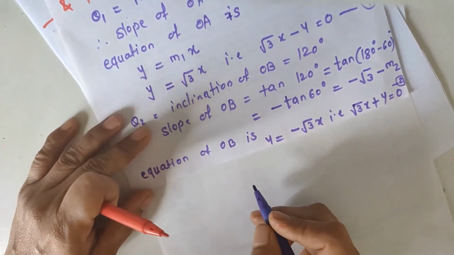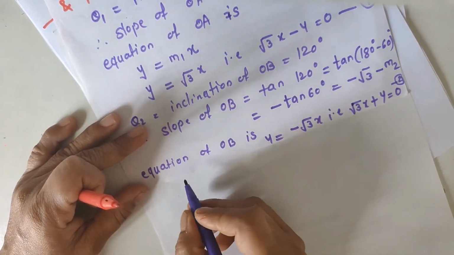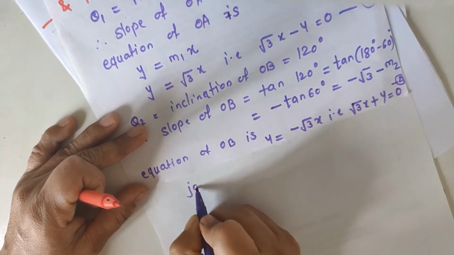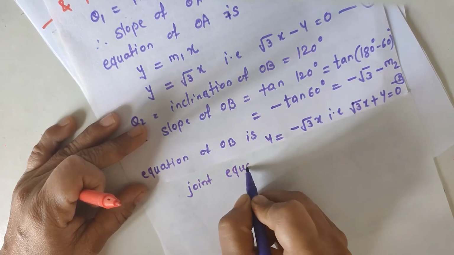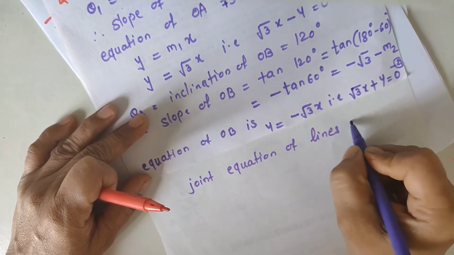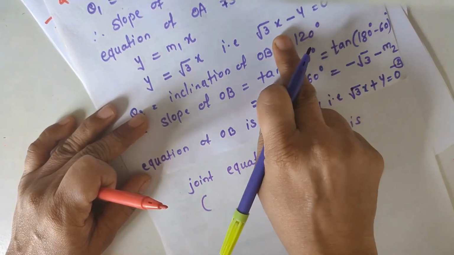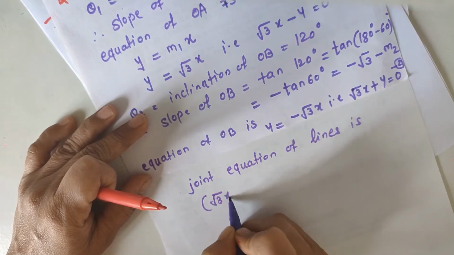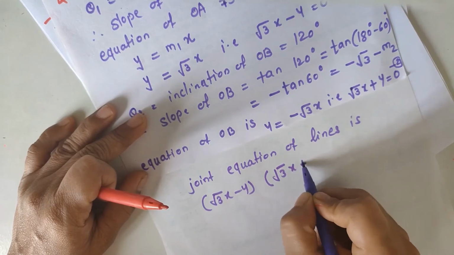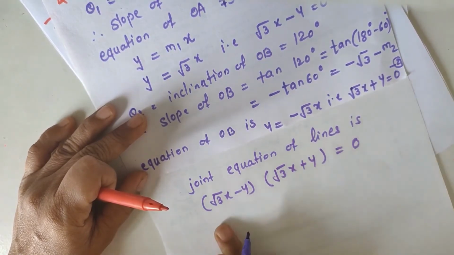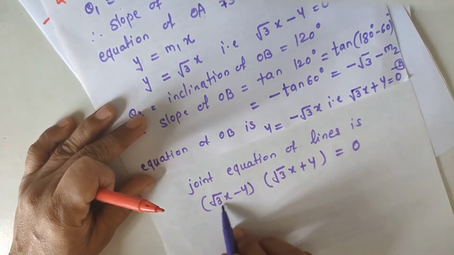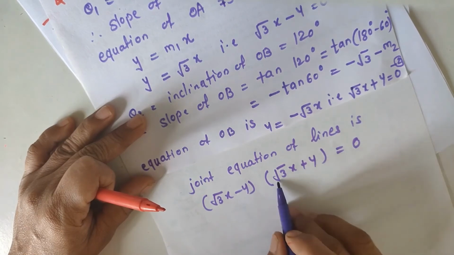So the joint equation of these two lines is the product of these two equations. So the joint equation of lines is, first equation root 3x minus y into second equation root 3x plus y is equal to 0. U into v is equal to 0. Now in this equation, the first bracket is of the form a minus b and the second bracket is of the form a plus b.